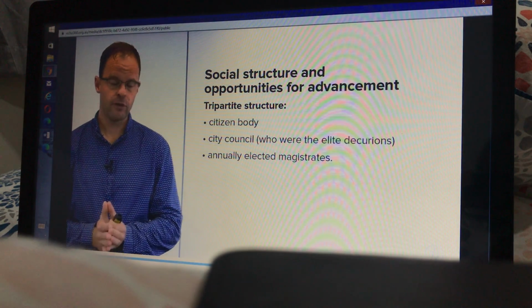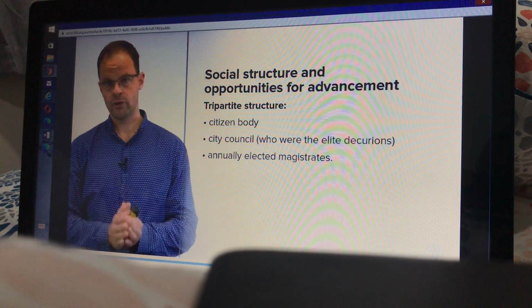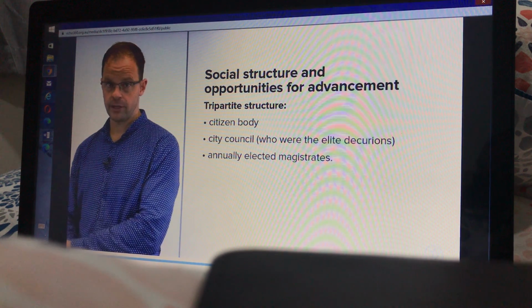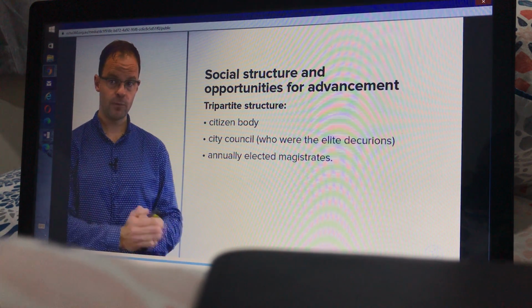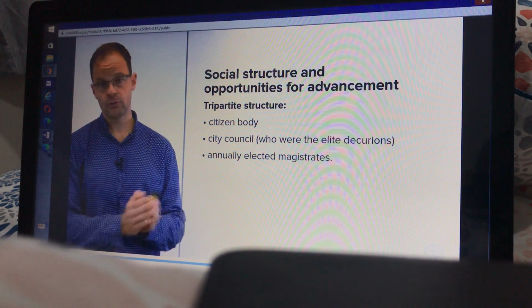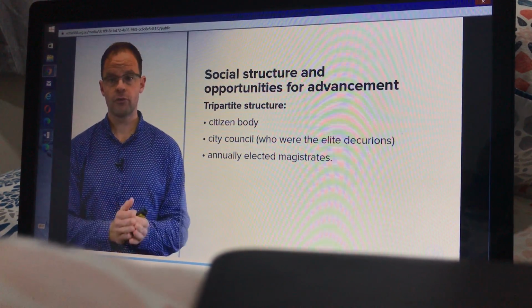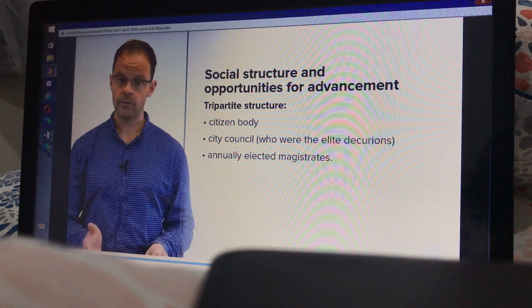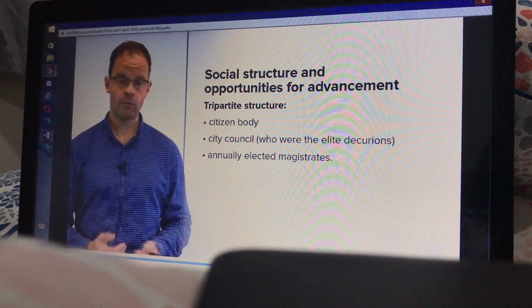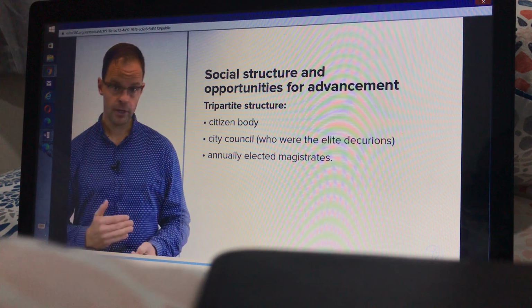But looking at the city itself, one of the things I keep stressing is that this is a Roman colony. It's formerly a Greek city that's now a Roman colony, which means that it's loyal to Rome and it's built on Roman structure. The architecture is Roman, and also the government system is very Roman. And so what you have, like any Roman city, is the citizen body.